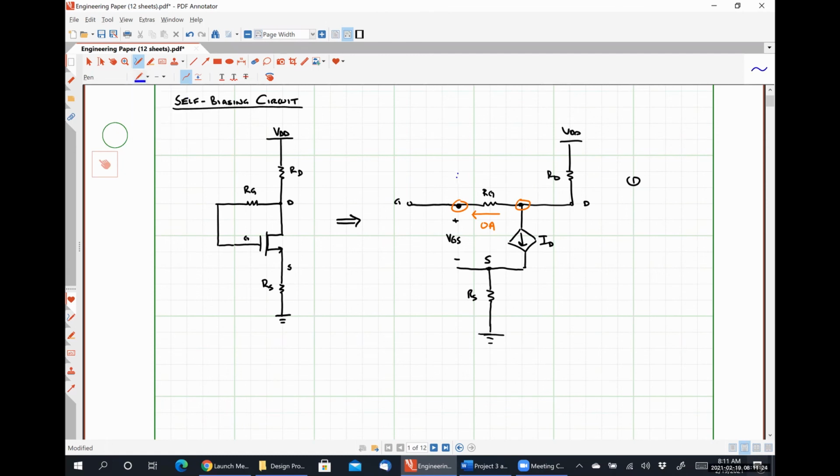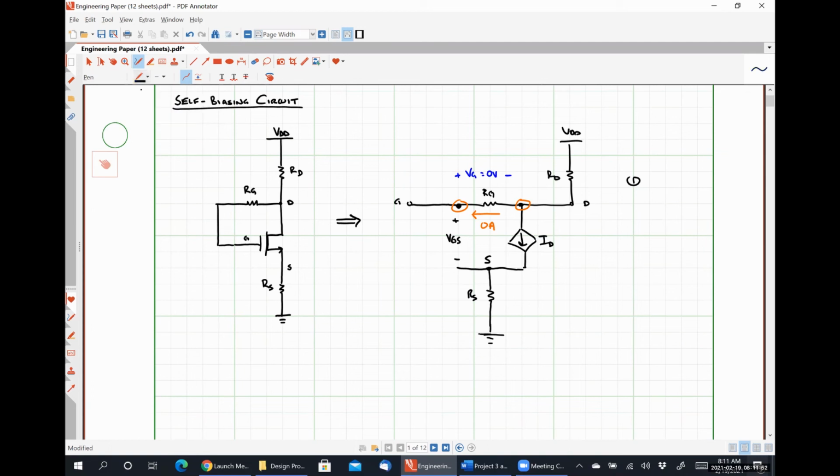So what I am positing is that since the current flowing through the resistor RG is 0 amps, the voltage drop over the resistor RG is 0 volts, which means the two nodes that I've circled have the exact same electrical potential.